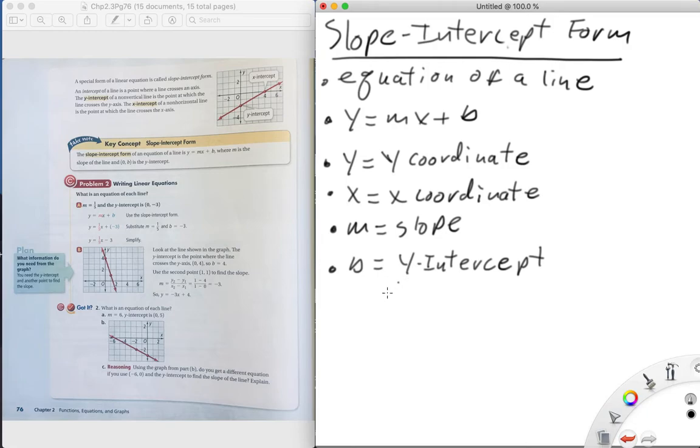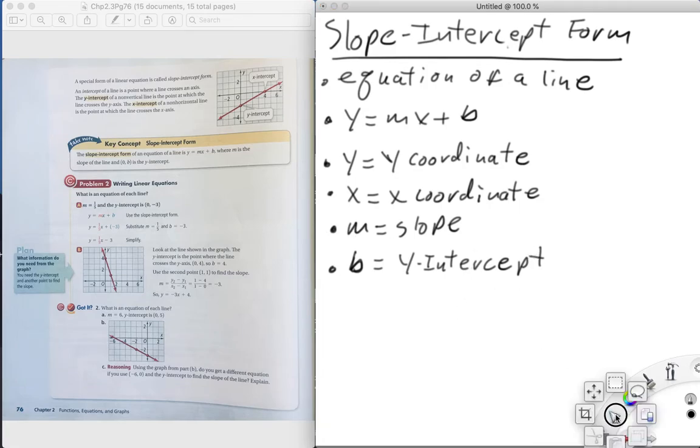I'm going to talk about what the y-intercept is in a second.